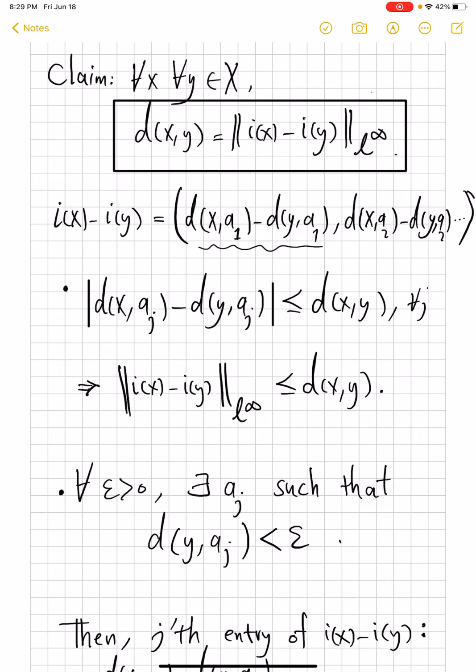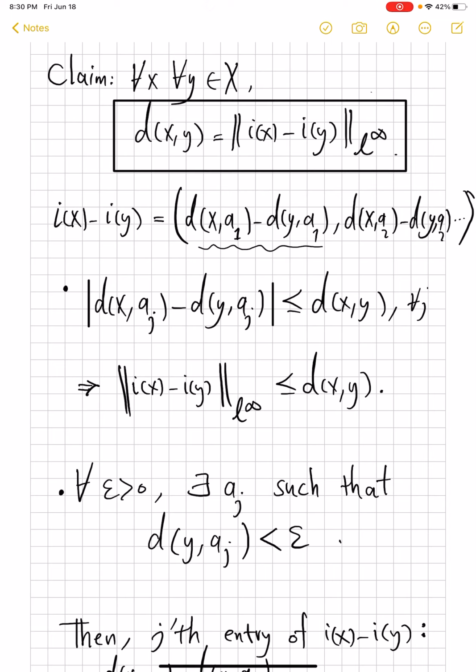So what is i(x) minus i(y)? The technical part that we subtracted actually goes away in subtracting these two images, and you end up with the jth coordinate becoming d(x,aj) minus d(y,aj).